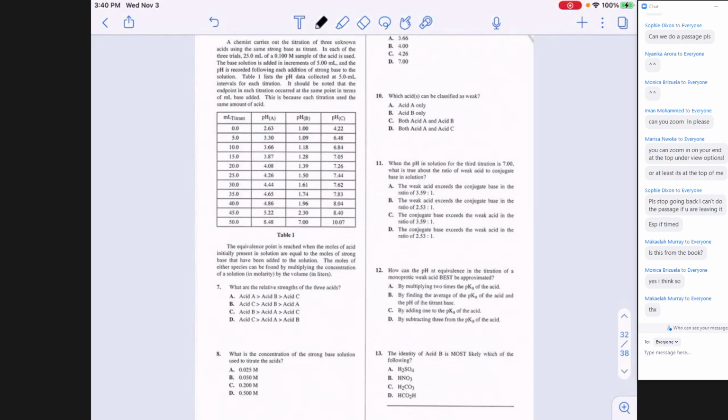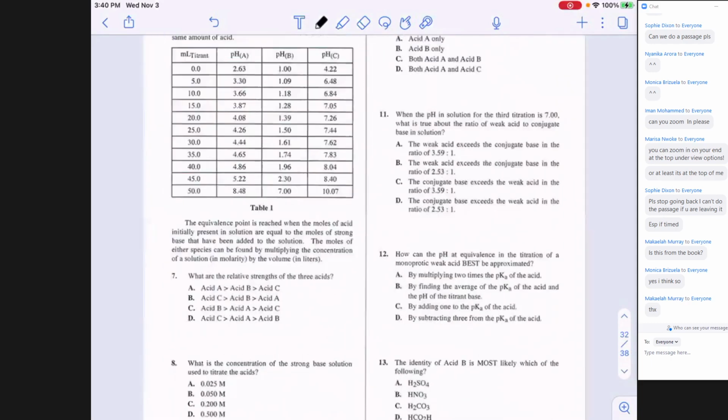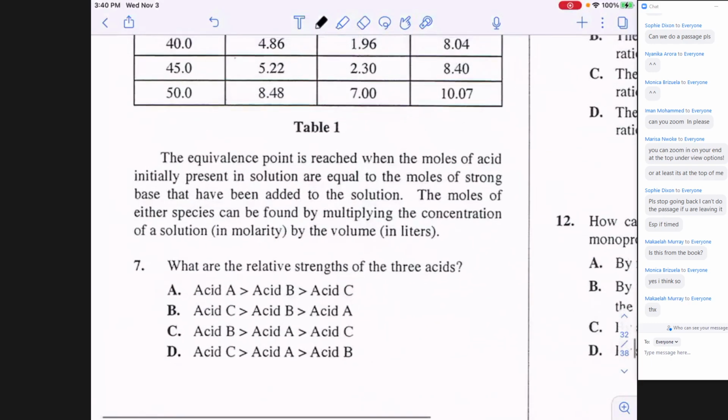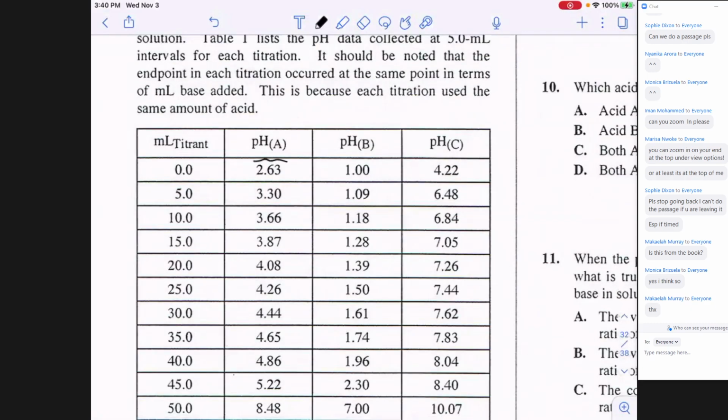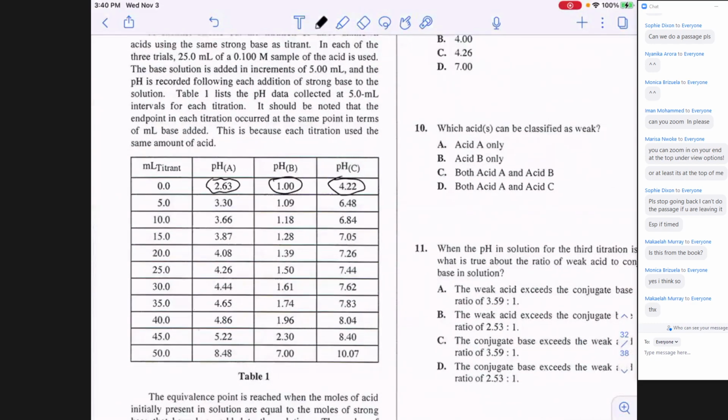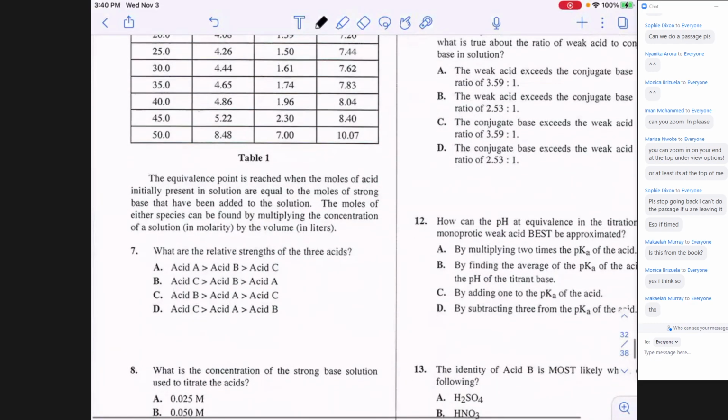So the best answer choice was C for number 7. I got that by looking at these numbers to start with. The lower the pH, the stronger the acid. The higher the pH, the weaker the acid. Just that simple.